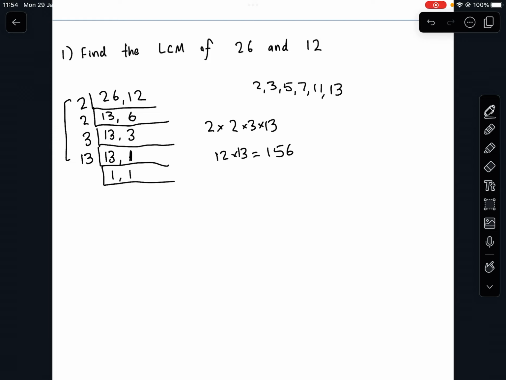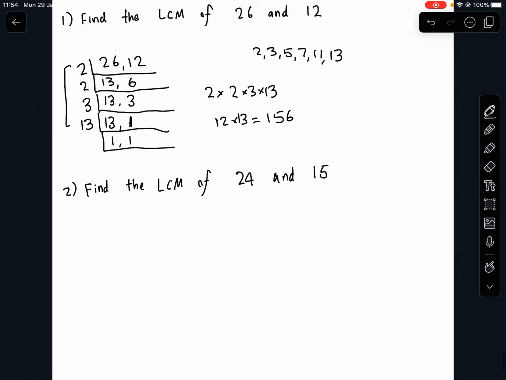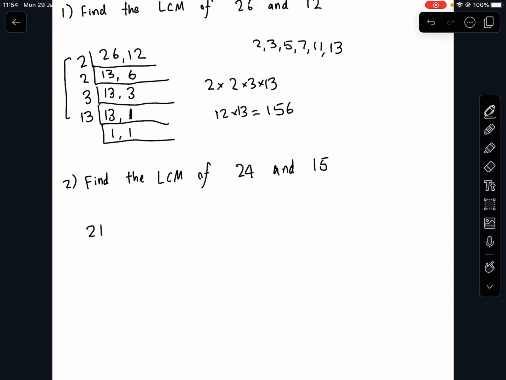Okay, let's try a more complex example. Example 2: find the LCM of 24 and 15. Let's list out all our prime numbers again.